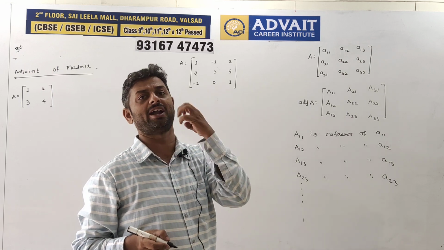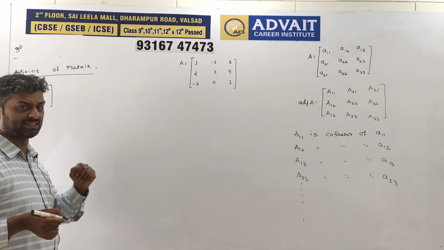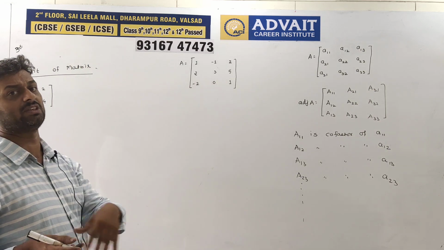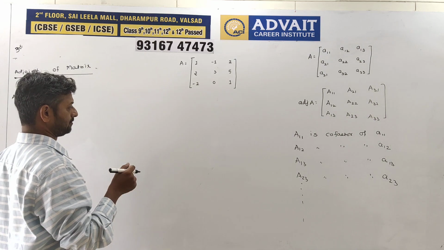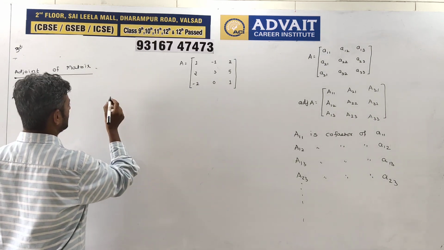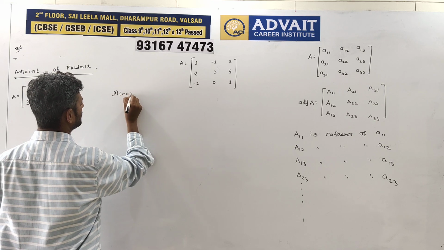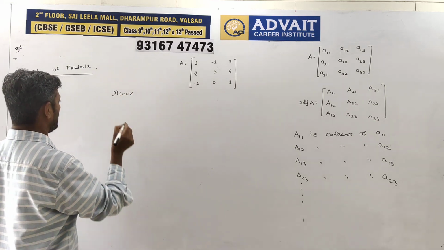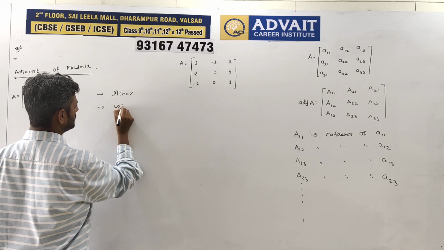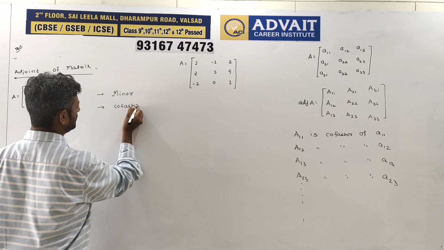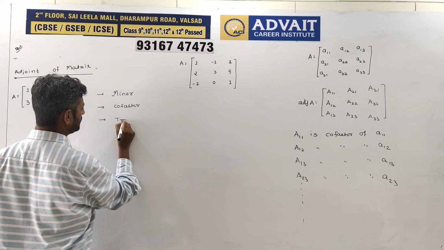Then how to find the cofactor? Here 2 by 2 is easier, but we are familiar with 3 by 3. So first I will show you how to find it. To find the cofactor, first you have to find the minor. After finding the minor, convert it into the cofactor. Then you take the transpose.